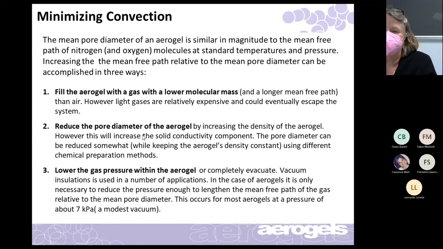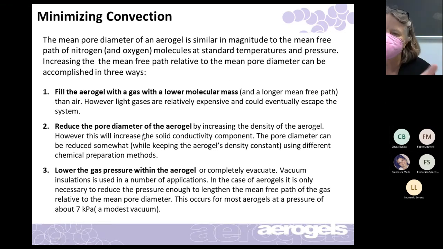But it's not necessarily easy to do that. They tend to be more expensive, and they could escape the system. You can try to reduce the pore diameter by increasing the density of the aerogel, but that would increase the solid conductivity component. So both of those are somewhat problematic.